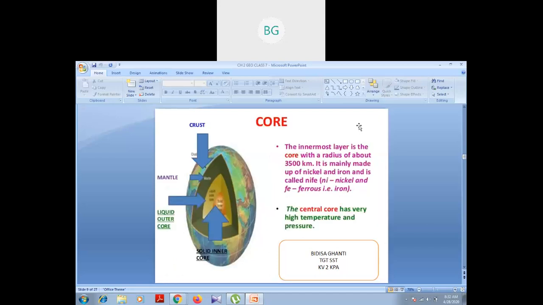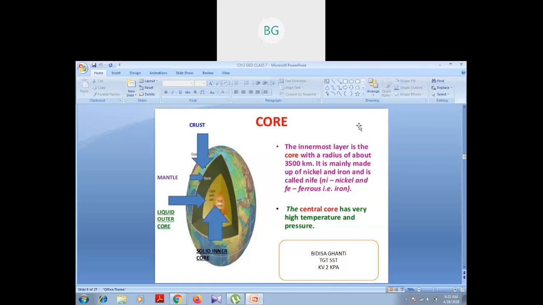Next, you can see the core, and the core is the innermost layer of the Earth. Its radius is about 3,500 kilometers, and it is mainly made up of nickel and iron, which is known as NIFE.